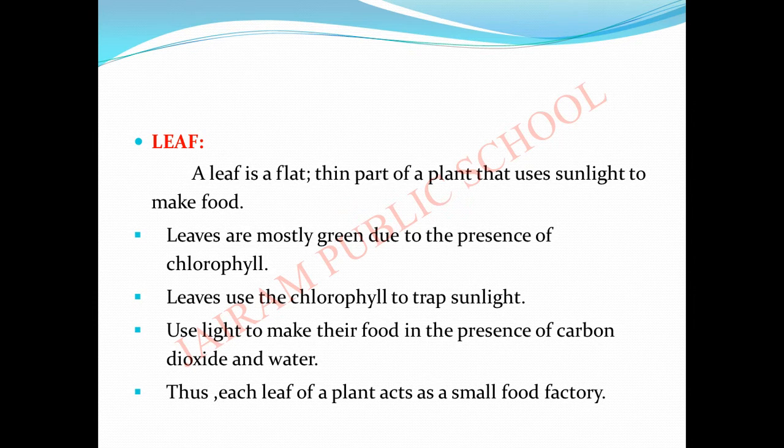The upper side of the leaf blade is smooth and dark. The lower side of the leaf is rough and light in color. The leaf has a main vein called midrib. Midrib. It has many thin veins called side veins.